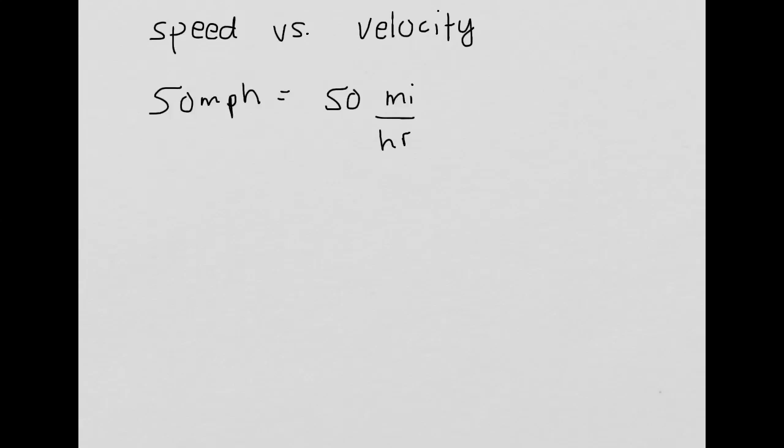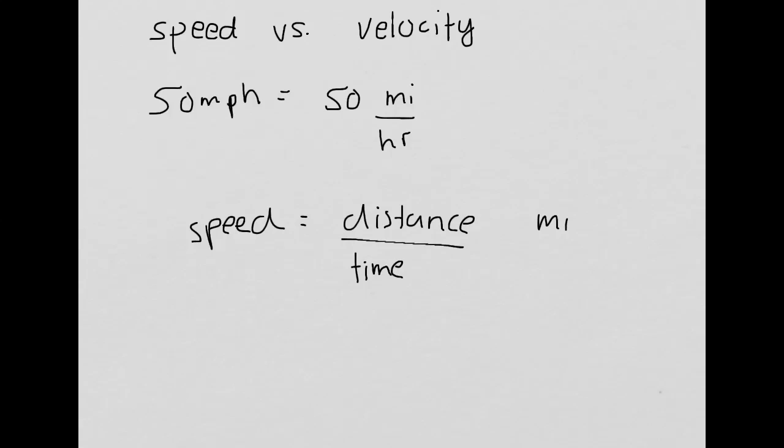So I could say from here that speed equals distance over time. And that should make sense because, again, 50 miles per hour. So miles is a way to measure distance, and hours is a way to measure time.